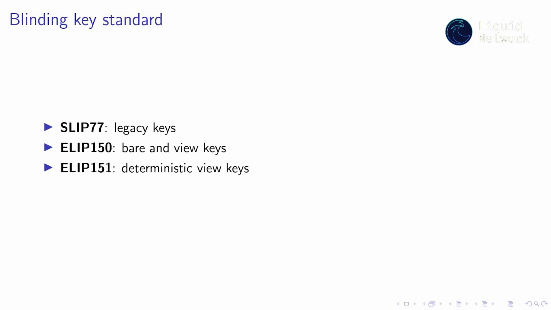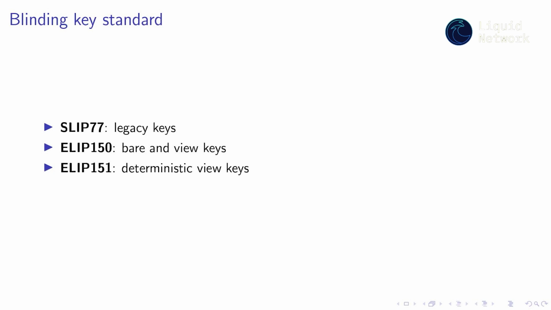And there is also a deterministic way of doing it, which has some pros and some cons, which is LEAP 151. Each of them has their own trade-off, but all of them are available, and right now we are in a position to try to migrate away from LEAP 77. However, it's not super easy.